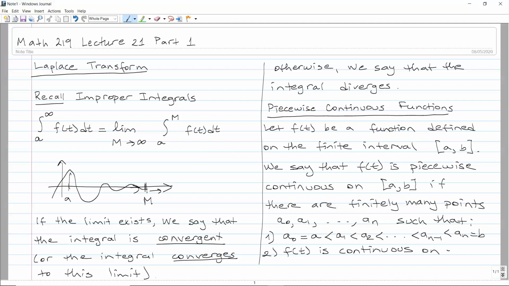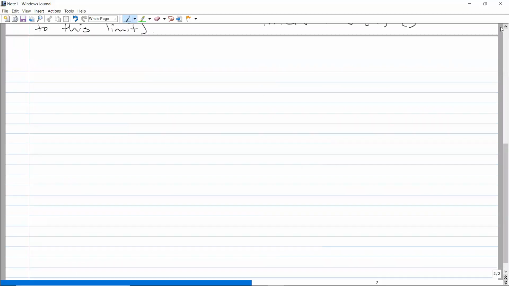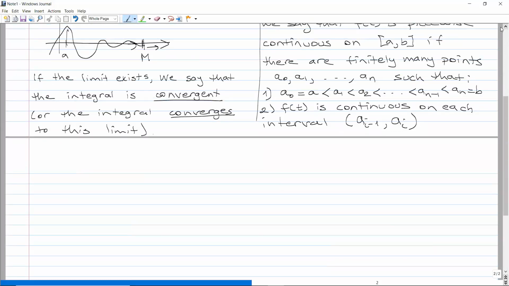Continuous on each open interval. When I give you the examples, it will be clear. So on each open interval, our function is continuous. That means at the endpoints, at these numbers Ai, we may have discontinuities, but discontinuities should be in the form of finite jumps.